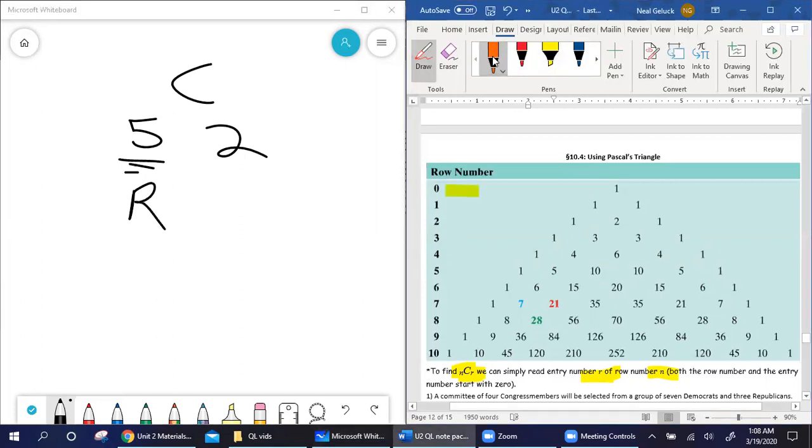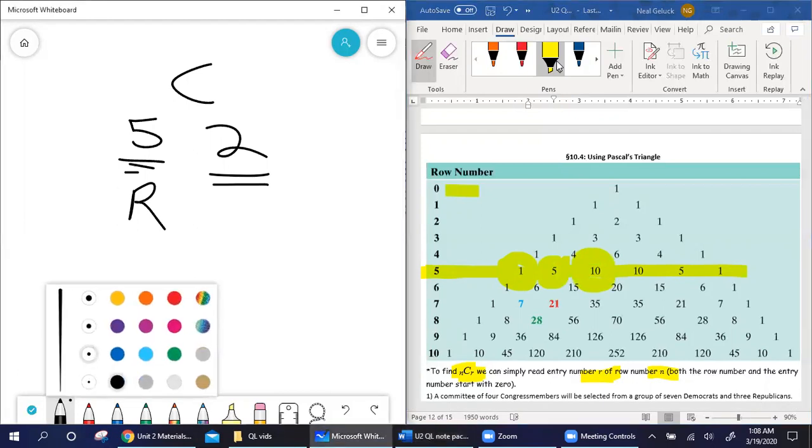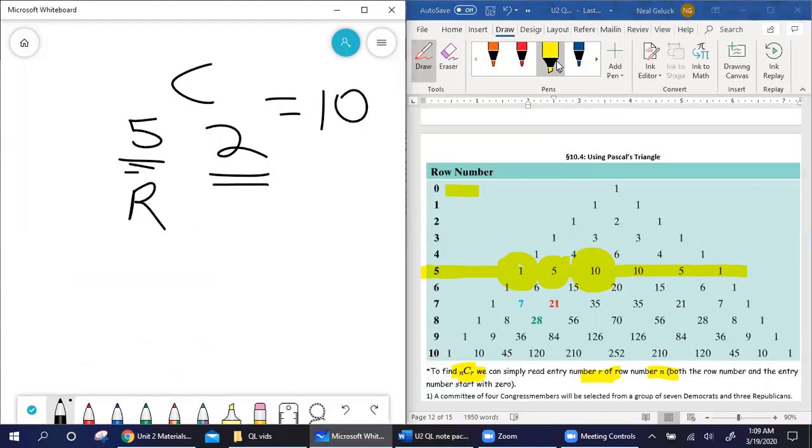So I would go to row 5, and it is entry number 2. That's the entry, but again, I start counting at 0. So this is entry 0, then 1, then 2. So it would actually be the number 10.